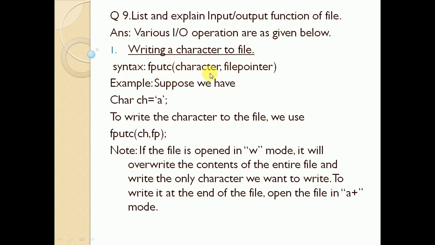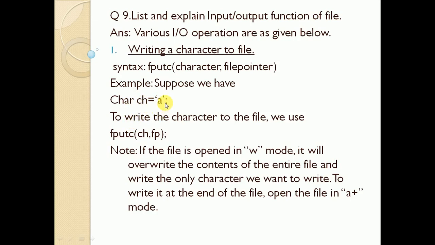The first parameter is the character which you are writing to the file, and the second is the file pointer which points to the file. For example, suppose we have a character ch which has the value 'a'.